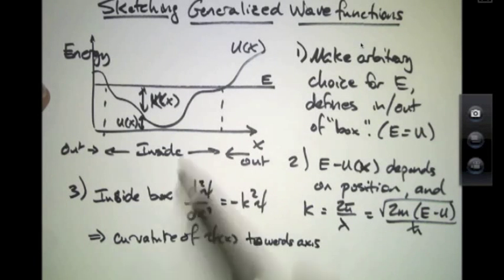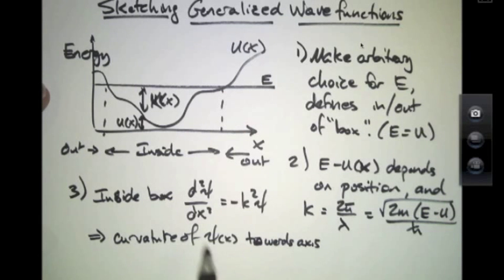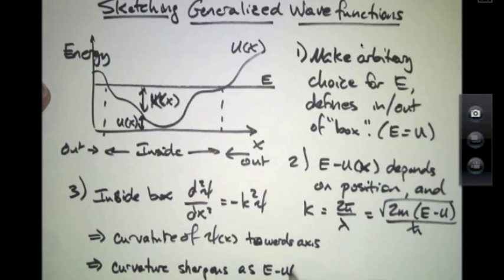If psi is negative, then the curvature is positive. If psi is positive, then the curvature is negative. And just to highlight point number 2 again, the curvature will sharpen as E minus U of x increases, which means that k increases. That's the same comment, that wavelength depends on position. Depends on the potential.